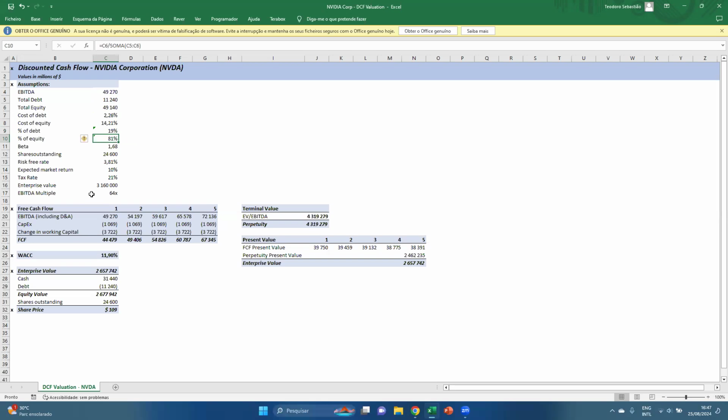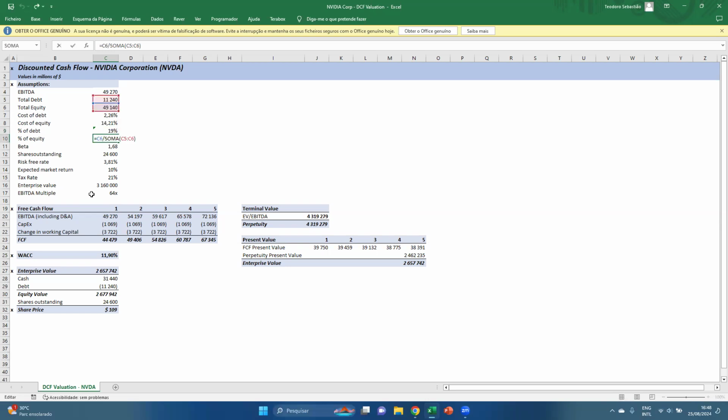I don't know if that makes sense, but basically, here we have first the debt, C5 is the debt, divided by the sum of both debt and equity, and we have the percentage.